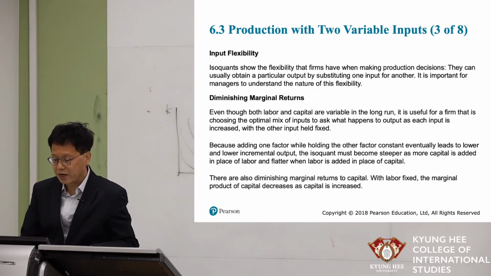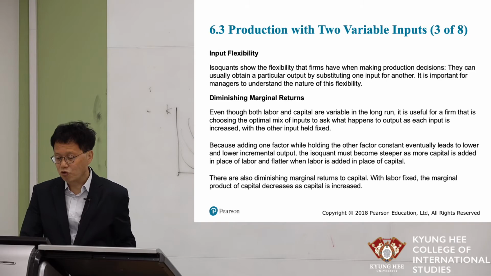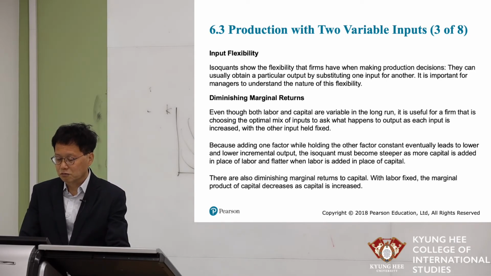Even though both labor and capital are variable in the long run, it is useful for a firm that is choosing the optimal mix of inputs to ask what happens to output as each input increases, with the other input held fixed. Because adding one factor, for example labor, while holding capital input constant, eventually leads to lower and lower incremental production of pizza.